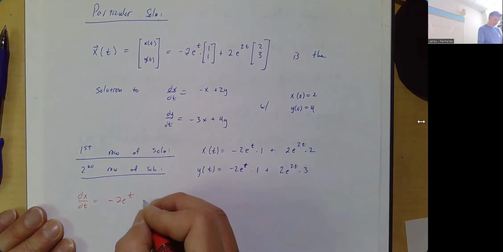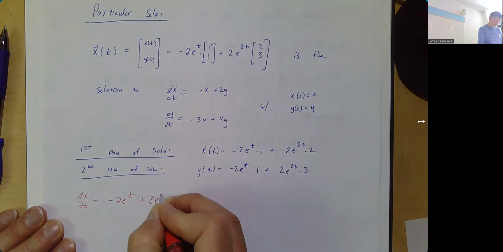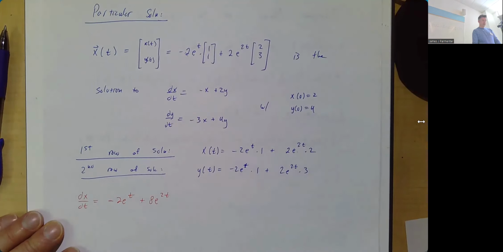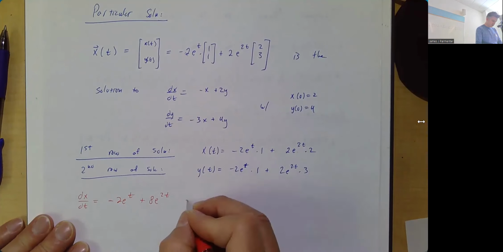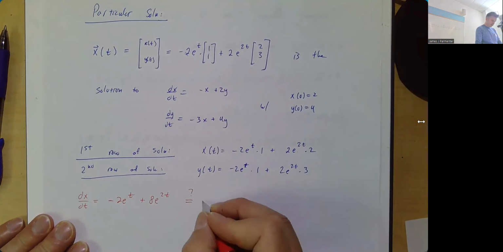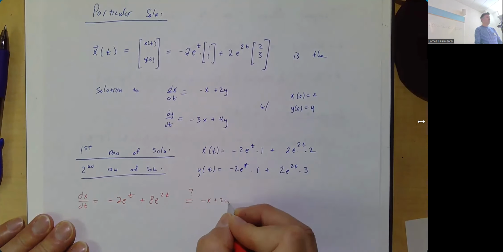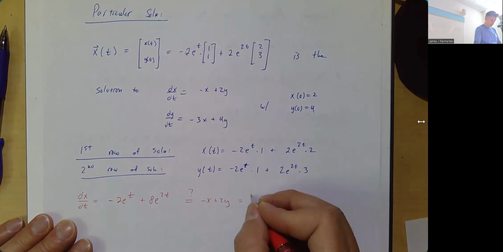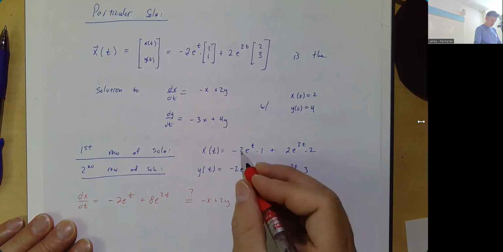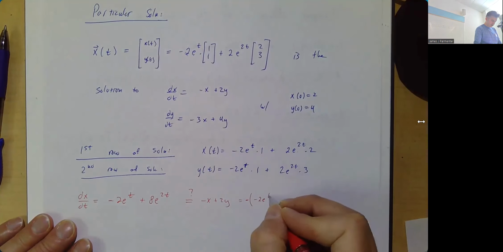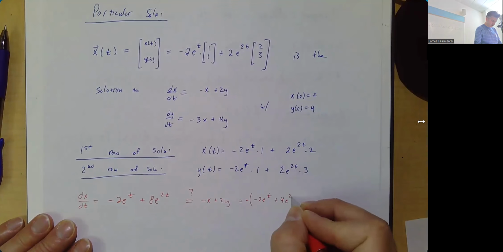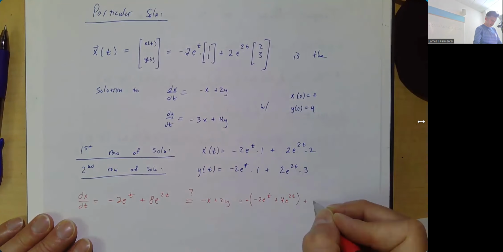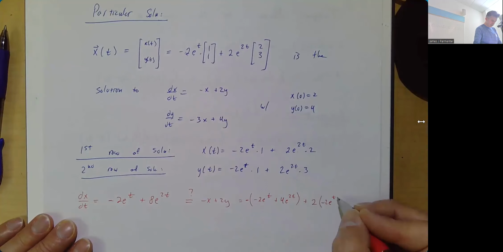So I'm actually going to get 8 e to the 2t. Is that equal to -x plus 2y? Well, -x plus 2y is kind of annoying to deal with. It's -2 e to the t plus 4 e to the 2t plus 2 times y, which is 2 times -2 e to the t plus 6 e to the 2t, sorry.